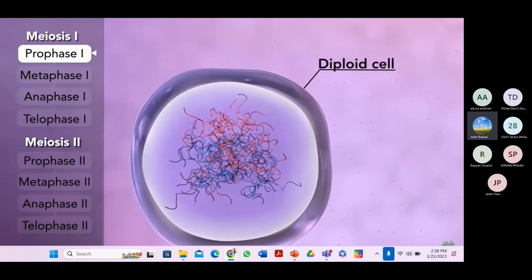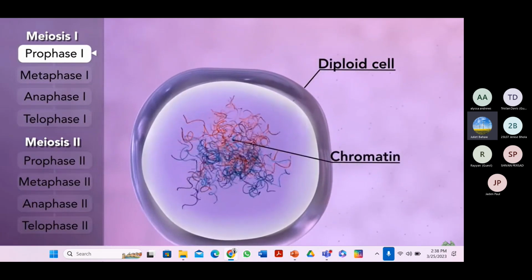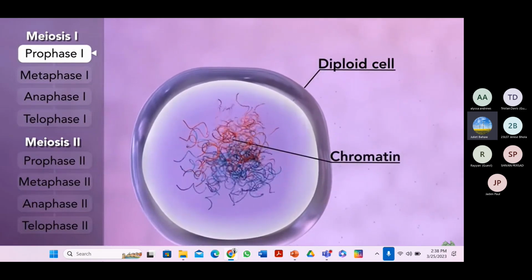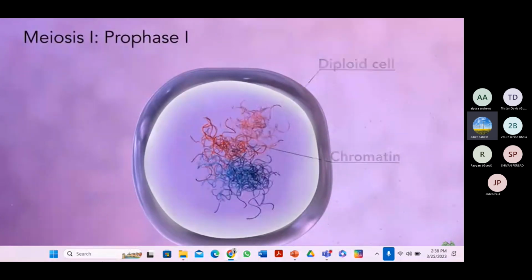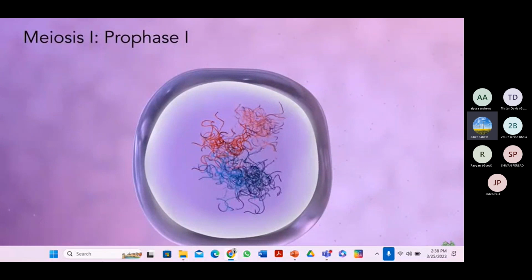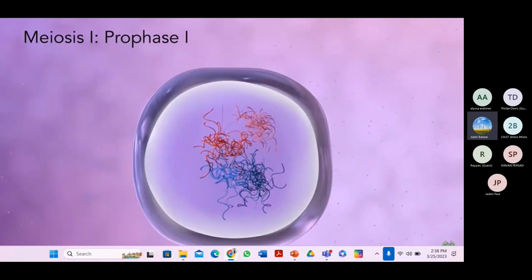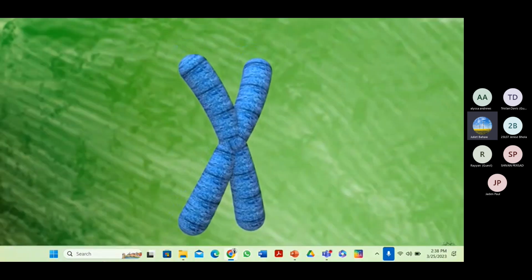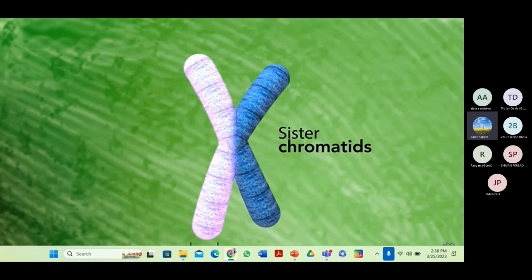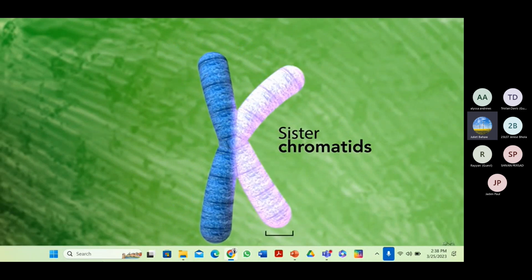Prophase I starts with a diploid cell. Its chromatin contains 2 uncoiled, spread out sets of chromosomes, one from each parent. After the DNA in the chromatin replicates, it condenses into the more familiar X-shaped chromosomes. The replicated DNA is the same in the identical sister chromatids of each chromosome.